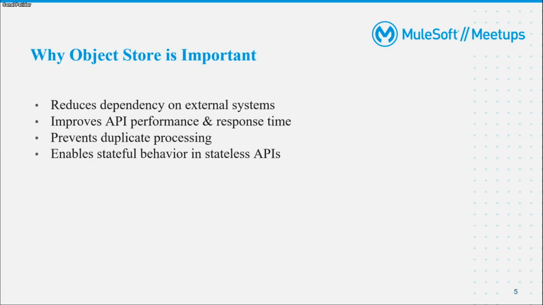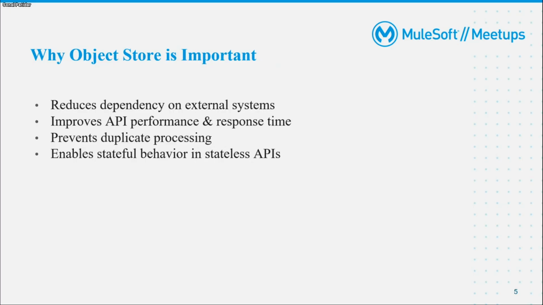Why is object store important? Because it reduces dependency on external systems and improves performance. In real projects, we don't want to call the backend systems again and again. It increases the load and slows down the performance. Another important benefit is that it avoids duplicate processing.